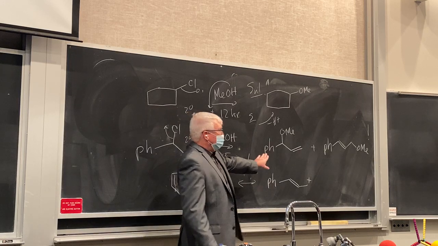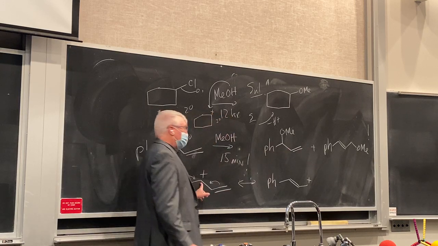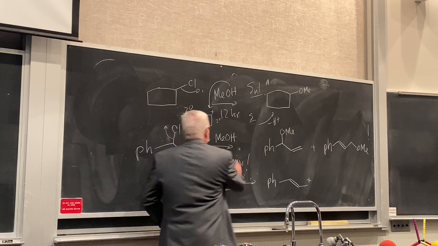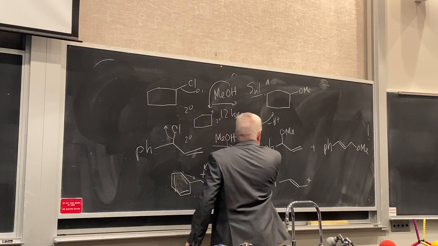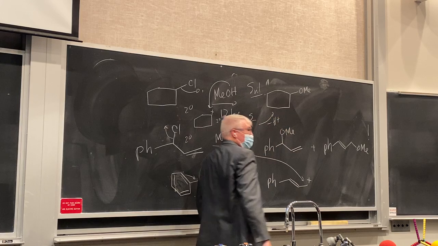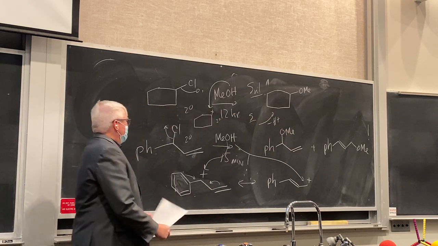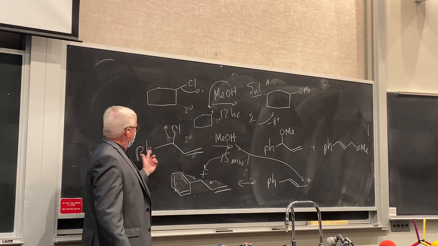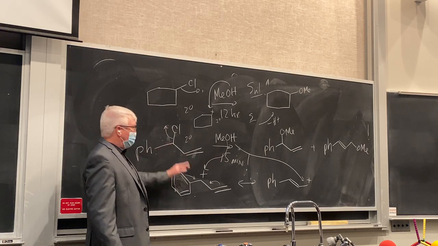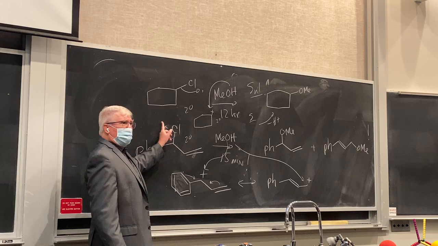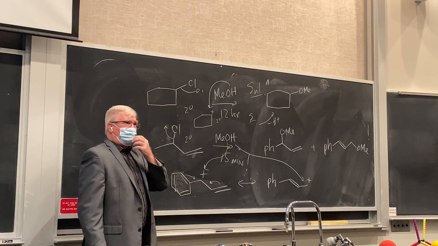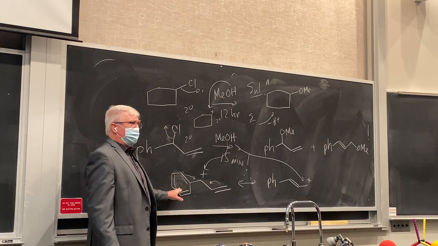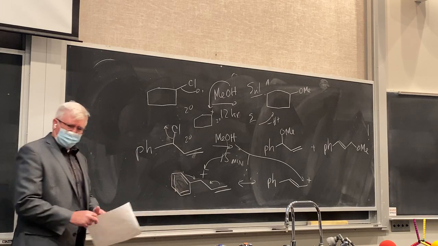So this is actually the major product. Most of the positive charge is right there. So we can have our methanol attack here, or our methanol can attack here, okay? And then loss of a proton can do that. But it affects the rate. Why does it affect the rate? Well, this electron donation here to get to this resonance here helps push off the leaving group, okay? So we ionize the leaving group more readily there.